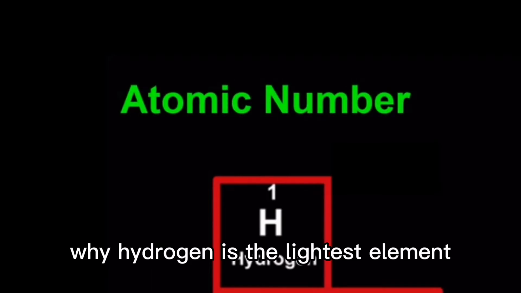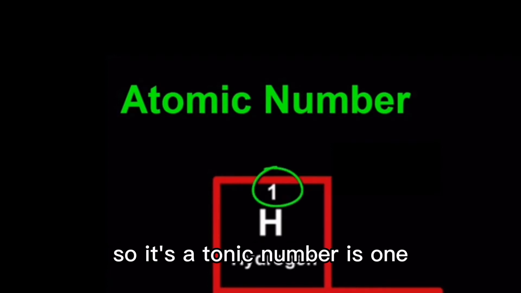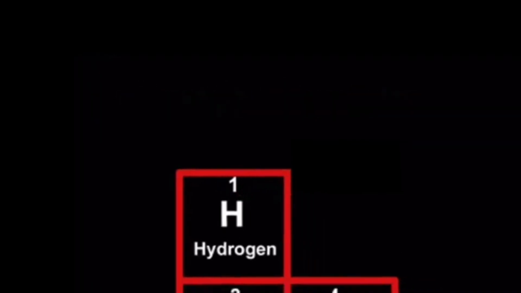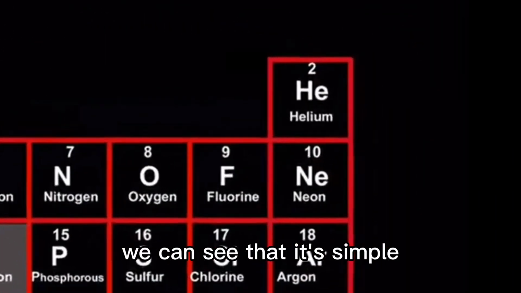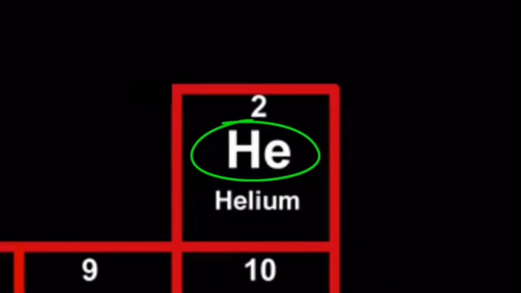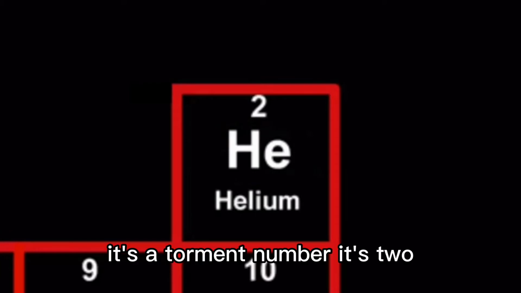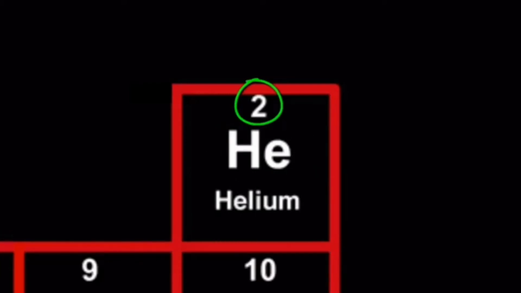Hydrogen is the lightest element, so its atomic number is 1. Zooming into helium to the right, we can see that its symbol is He, a little bit different to hydrogen. Its atomic number is 2, the second lightest element.